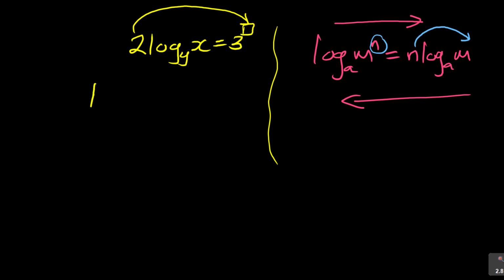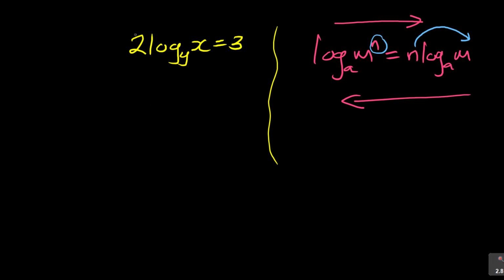It will become log in base y of x is equal to 3 to the power of 2. Sorry. What am I doing here? I did this wrong. Sorry. Let me redo this.